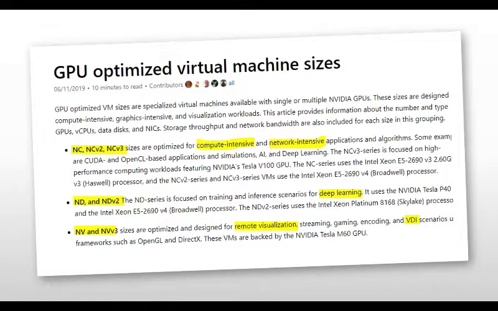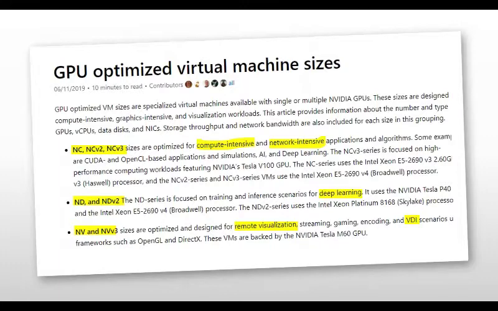One of the things I want to share first, and this screenshot is from the Azure website, but this applies to actually all the vendors I just mentioned. When you see GPU instance types on a cloud platform, the different instance types you can choose from, really understand what the goal is of that machine. An NC series is a compute intensive, network intensive instance type.